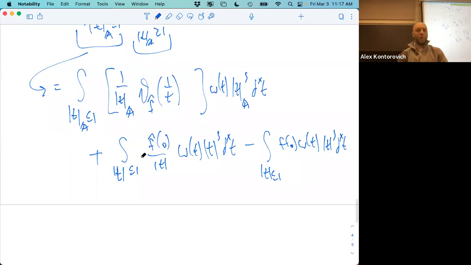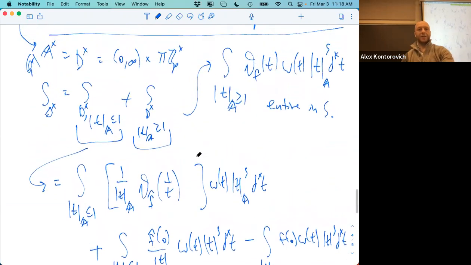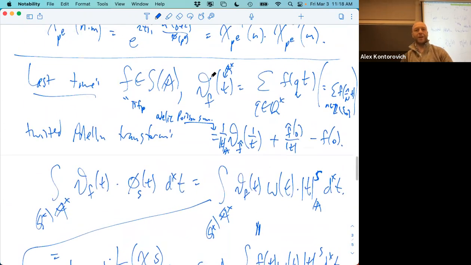Okay, so I want to work out these two integrals first. Someone asks to review where each of the terms comes from. All we're doing is taking the theta function and applying adelic Poisson summation. Those are the three terms.